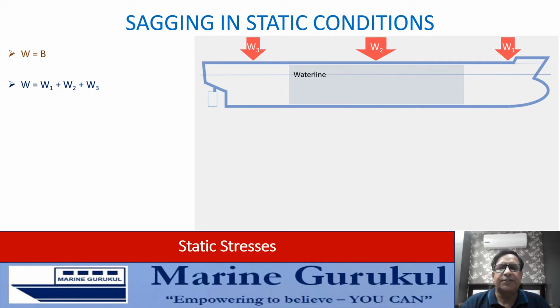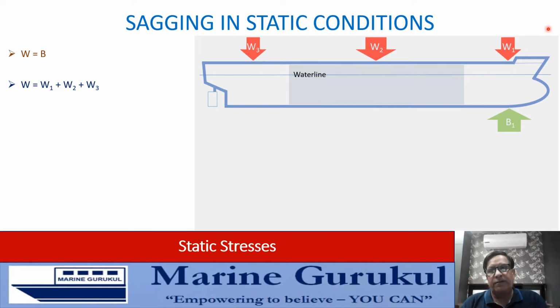Now we have buoyancy. In the forward part, we are now experiencing buoyancy B1. This buoyancy B1 may be the same as the buoyancy which was earlier in the hogged condition. But here, between these two arrows, this arrow is broader, which means the buoyancy contribution of the forward part is greater than the weight that is loaded in the forward part.